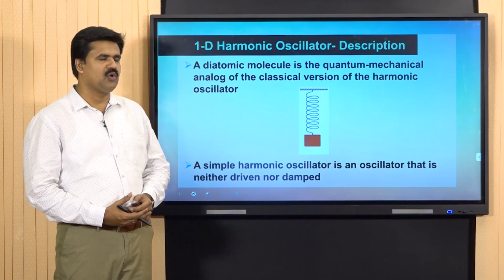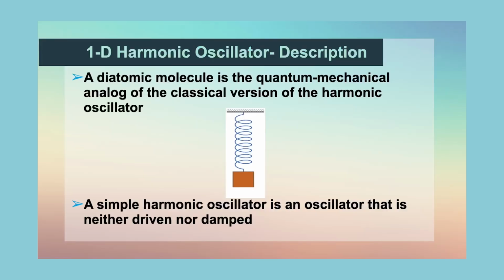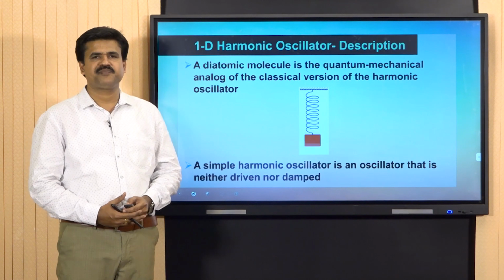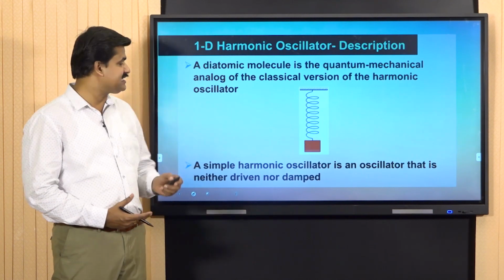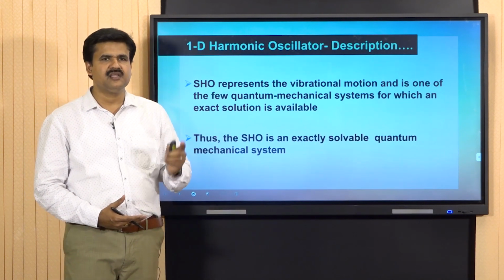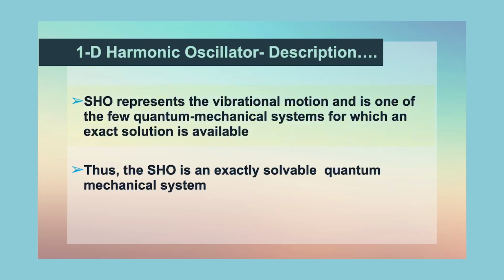A diatomic molecule is the quantum mechanical analog of the classical version of the harmonic oscillator. This represents a harmonic motion. A simple harmonic oscillator is an oscillator that is neither driven nor damped. The simple harmonic oscillator represents the vibrational motion and is one of the few quantum mechanical systems for which an exact solution is available.